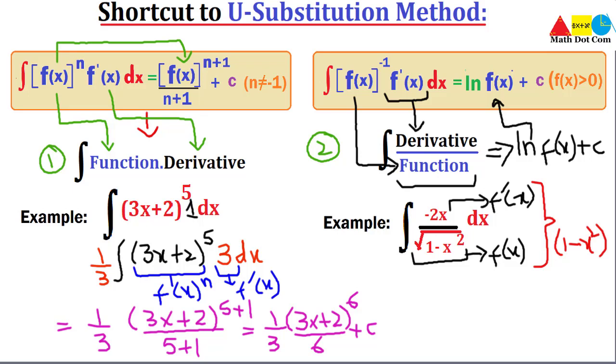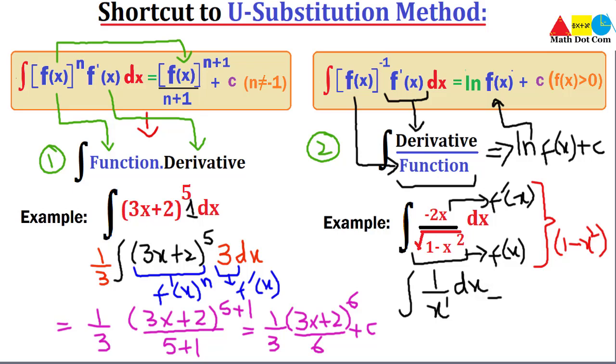For that, I have another example for you, where we have 1 divided by x dx. Now in this example, the power of the function in the denominator is 1, and in the numerator we have the derivative of that function.